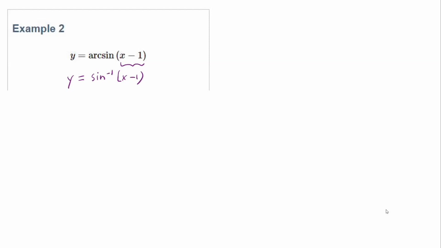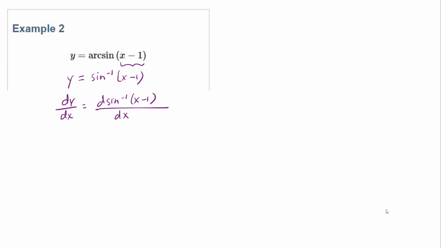So we need to find dy over dx equals d of sine inverse of x minus 1 over dx, correct? But one thing in a derivative is to recognize what we are differentiating a function with, right?